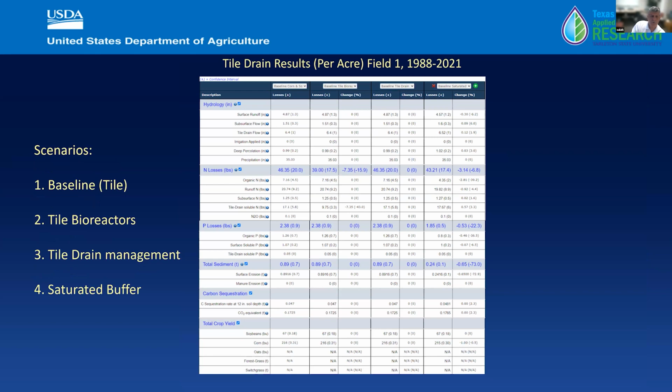And if you do drainage management, you're reducing, there's something wrong here, but you will reduce. I guess I have not updated the new page on this, but we will show you graphically how you reduce the nitrogen and phosphorus under this treatment and saturated buffer. Next, please.